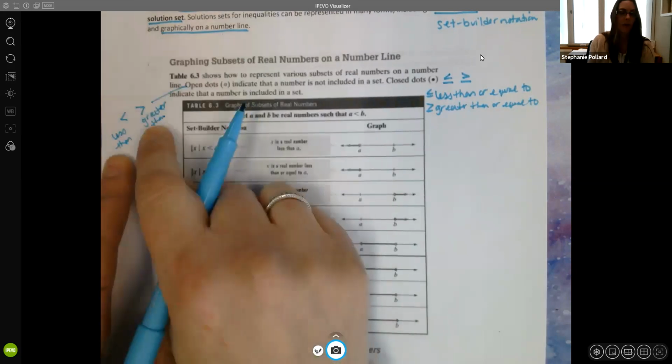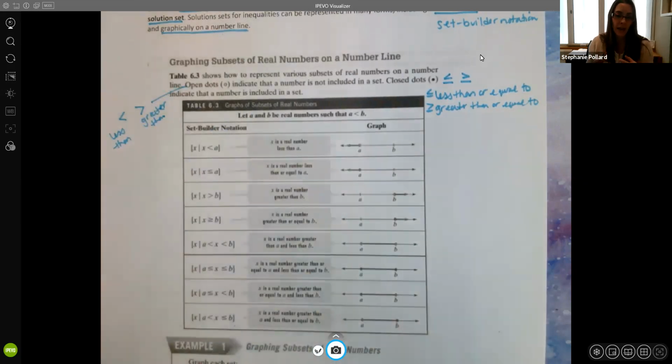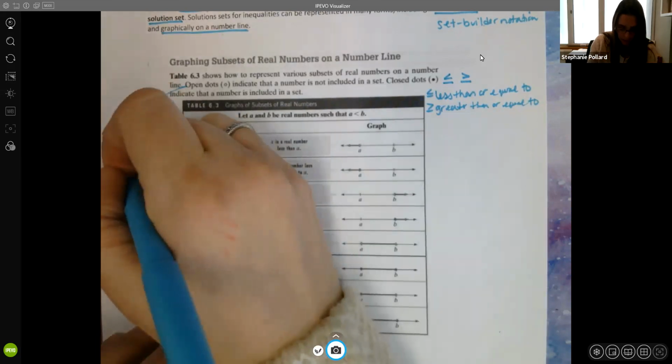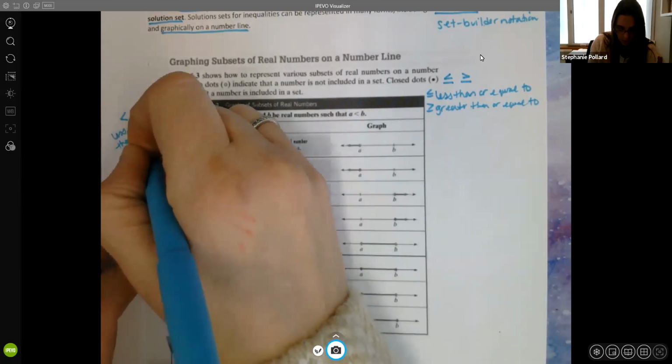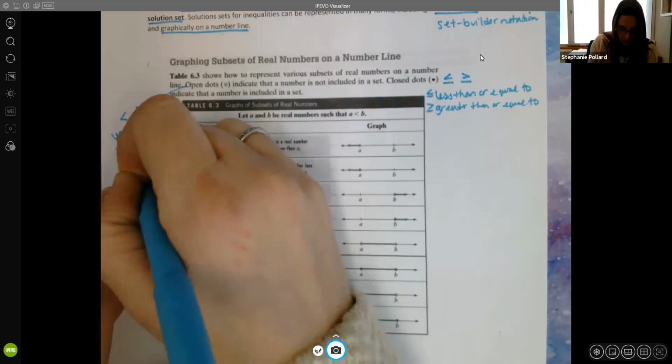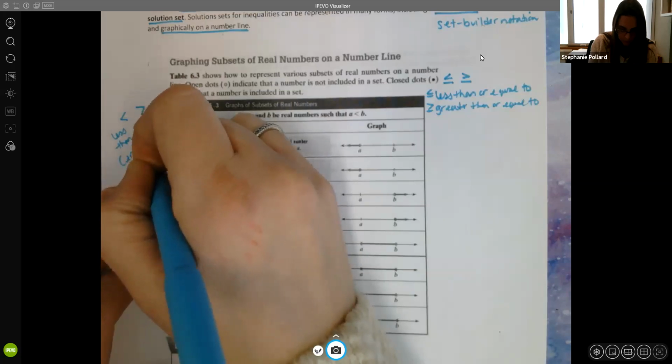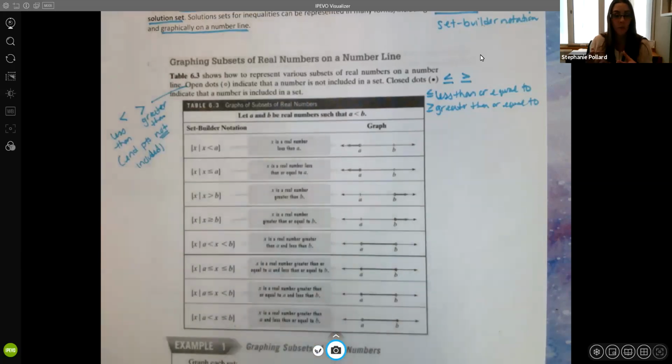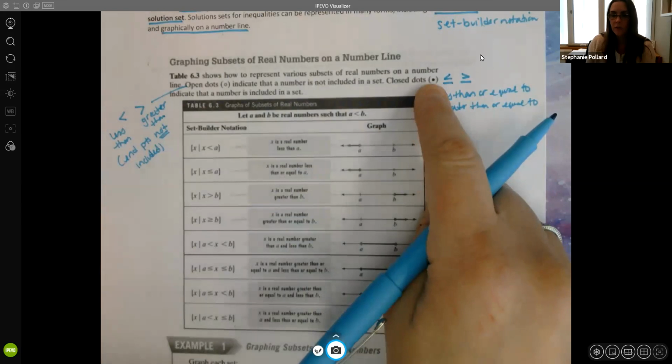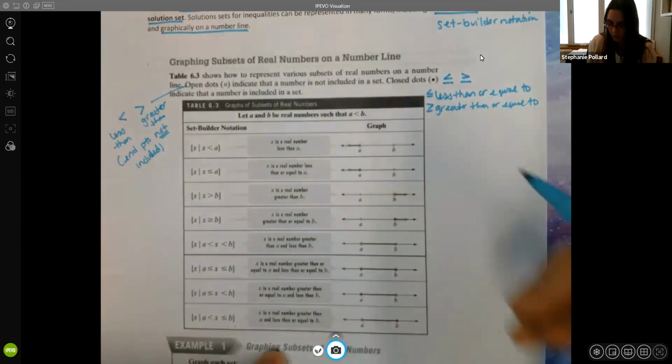Okay, so remember when you're less than or greater than, those end values are not included, right? End points not included. So that's why we use that open circle. It almost looks like a hole there, right? That's saying, hey, this end value is not included. Whereas here we use a closed circle to say that the end value is included.